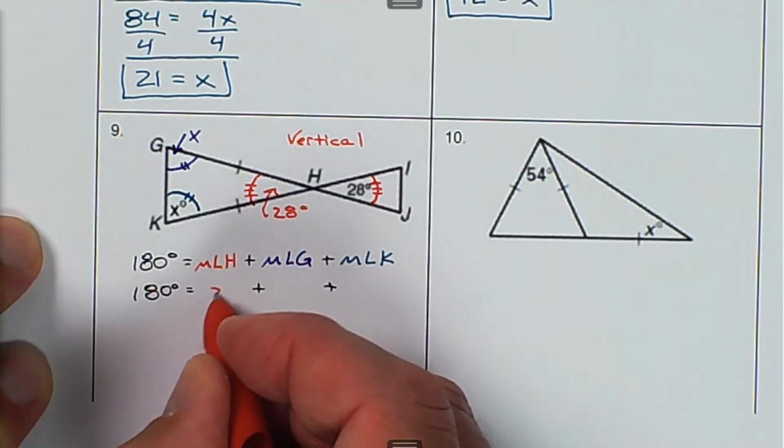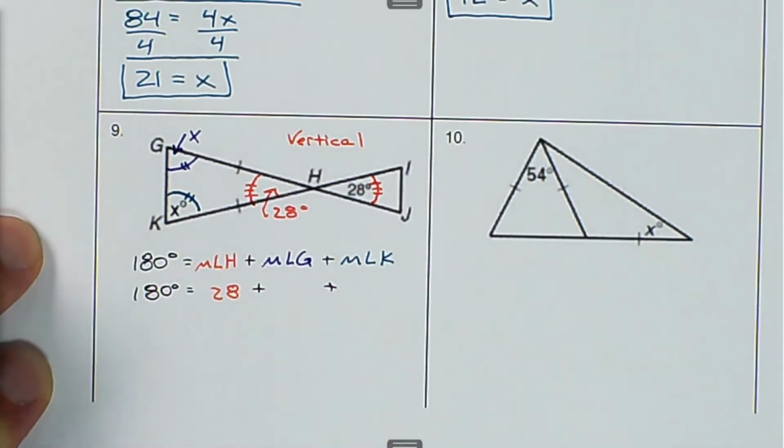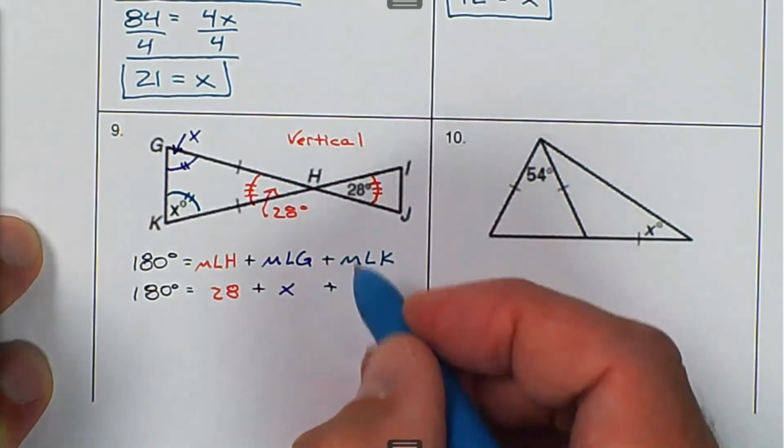So we have 28 for the measure of angle H. We have x for the measure of angle G. And then we have x for the measure of angle K.